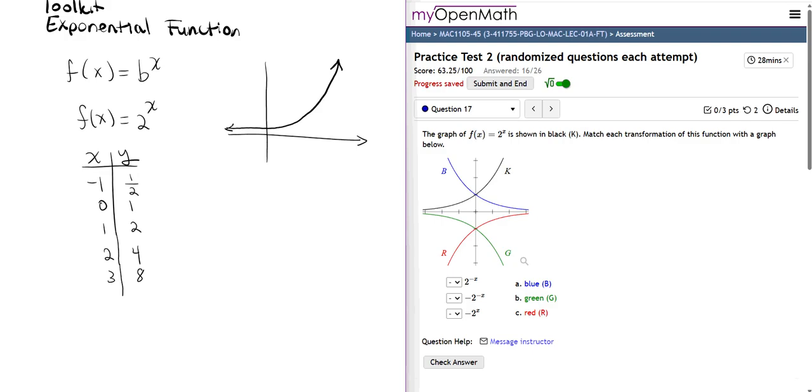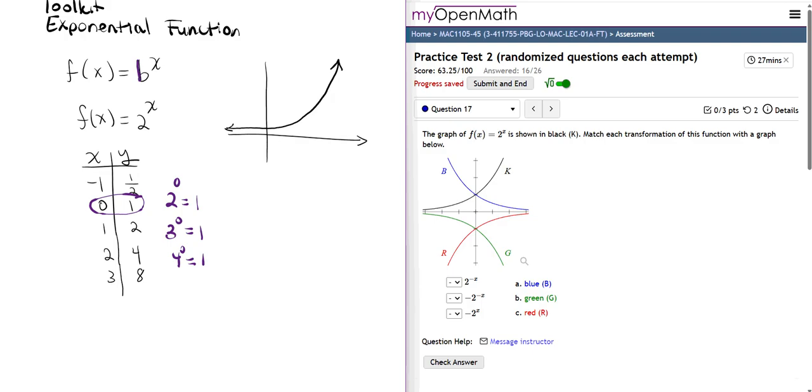So notice that on an exponential function, you always have certain key points, like 0, 1 is always going to be true because 2 to the power of 0 is 1, but also any other base would be 1, right? So this is always going to be true no matter what your base is, right?